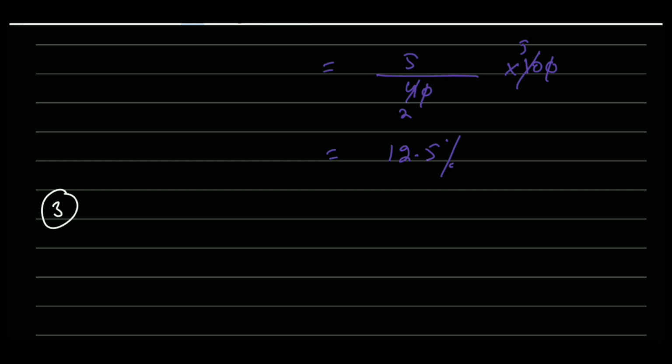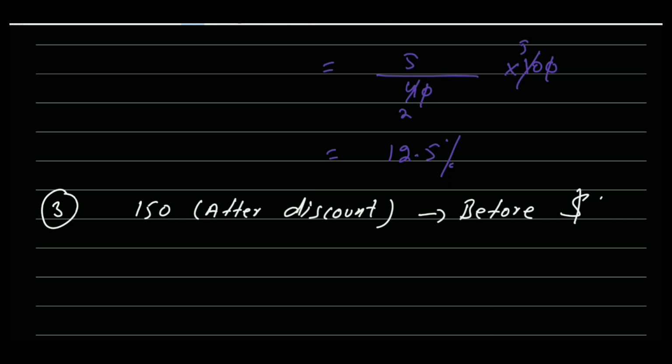The third thing that we have to discuss is percentage discount. Suppose the price of a thing after discount is $150, and before discount it was $180.